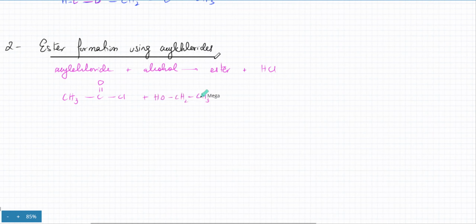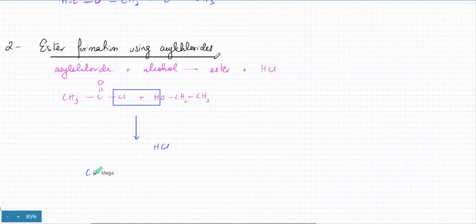So here's this reaction that's going on. Exactly the same thing would happen. The Cl and the H are going to get knocked out. They would form an HCl molecule, not a water molecule.